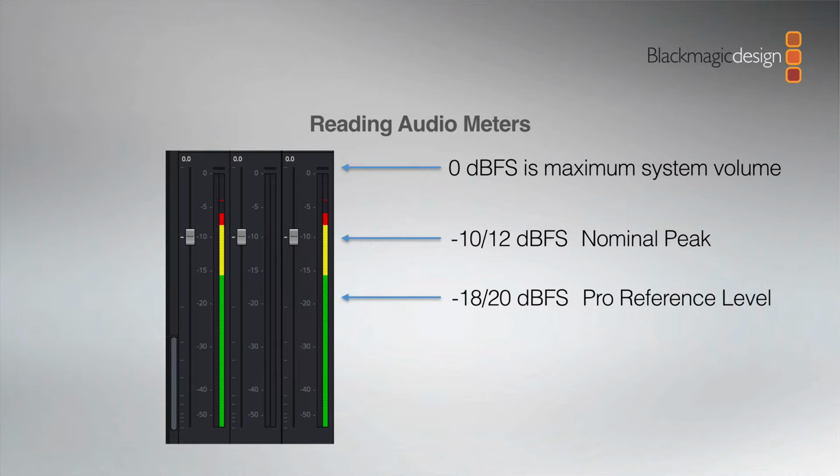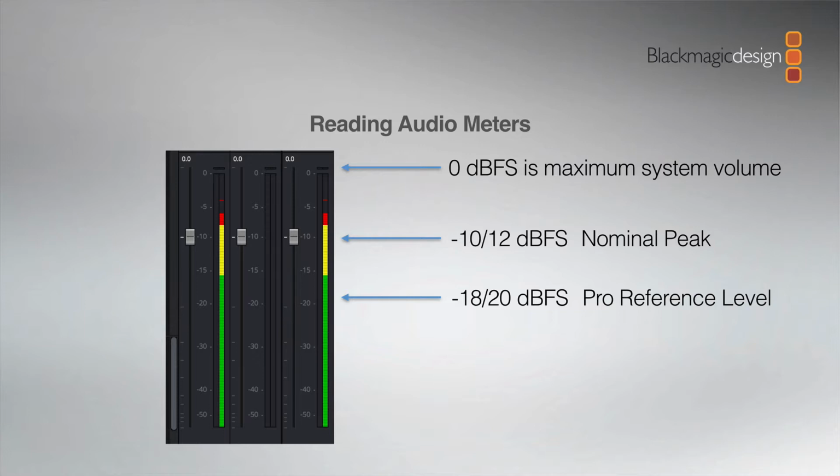Now, you can certainly go higher because there's headroom there to go all the way up to 0, right? But the system is designed for this nominal peak, where most of your peak levels are going to hover around minus 10, minus 12. Doesn't mean that they can't go higher, and you'll have spikes or transients, momentary hits that do go above that, and that's okay.